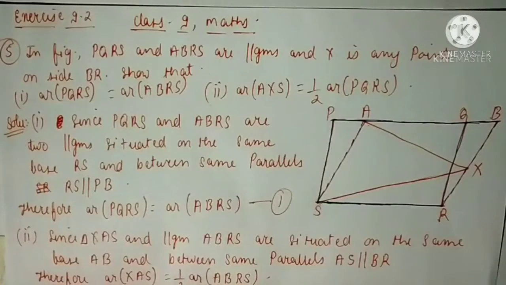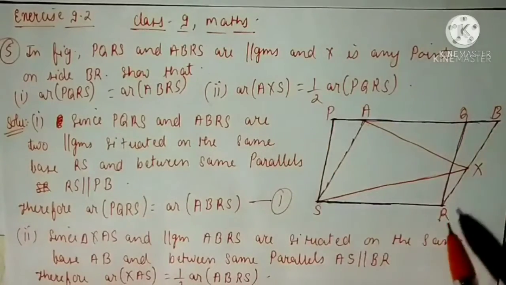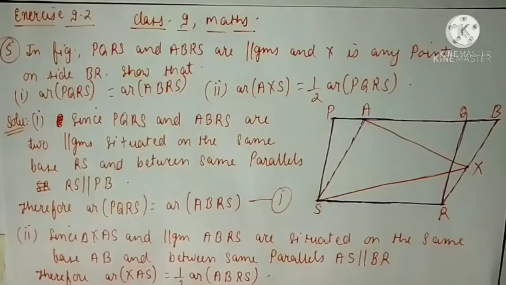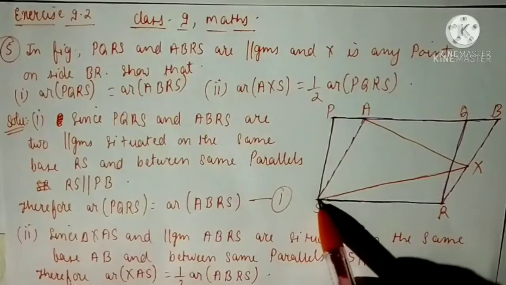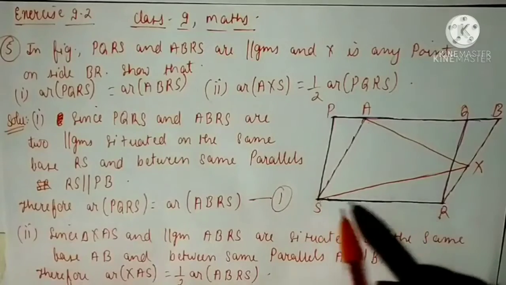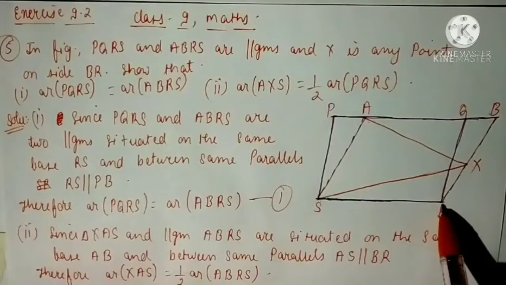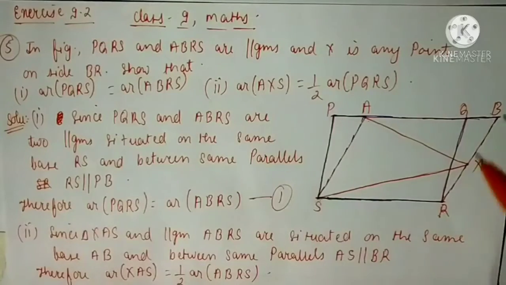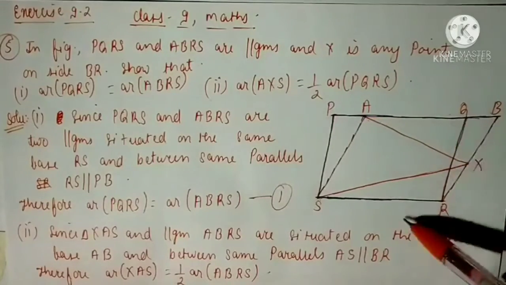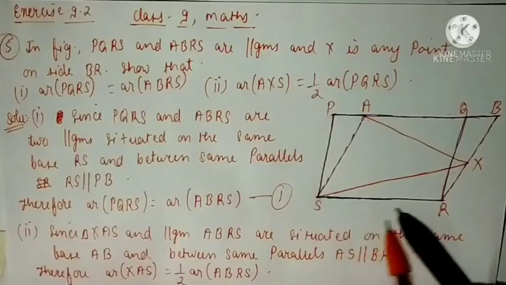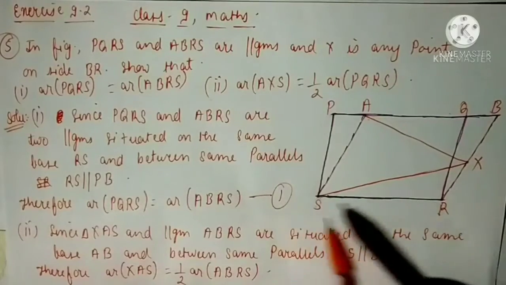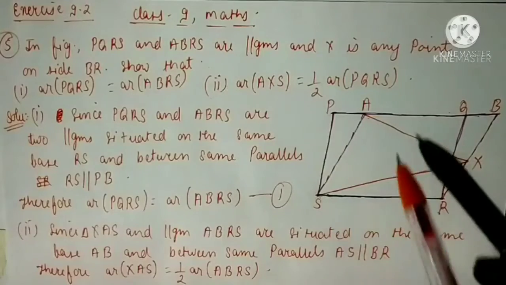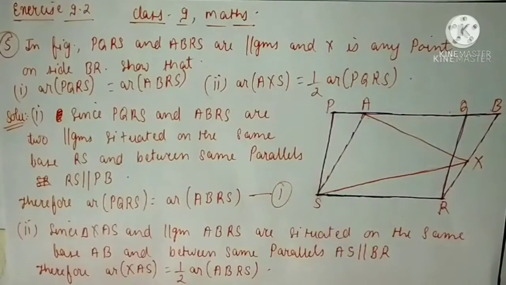So see, this is PQRS and this is ABRS. Now we can see that the base of both the parallelograms is the same, that is SR or RS. Okay. And they are between the same parallel lines, between SR or RS and PB. These are the two parallel lines and these two parallelograms are between them.